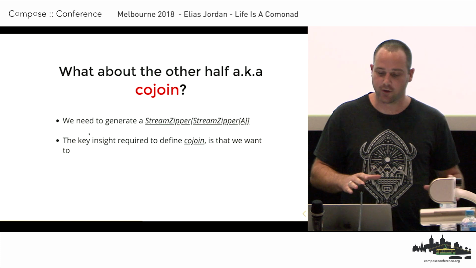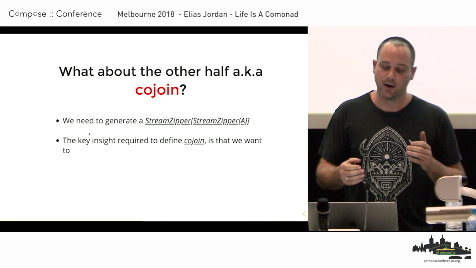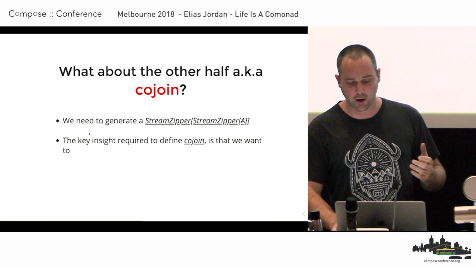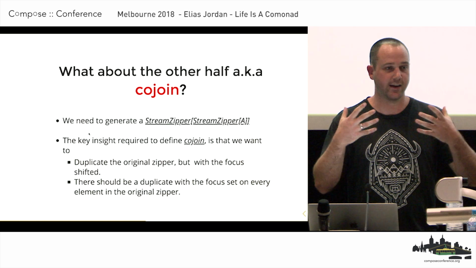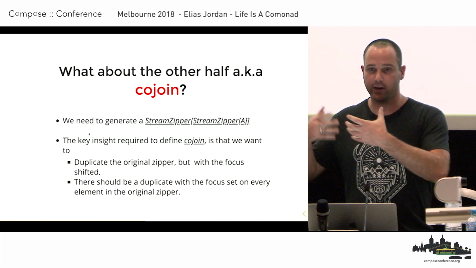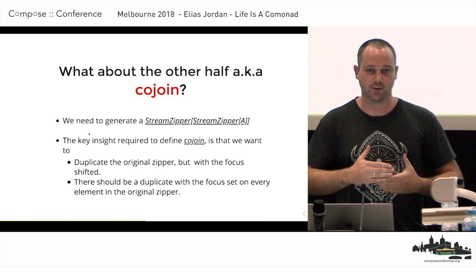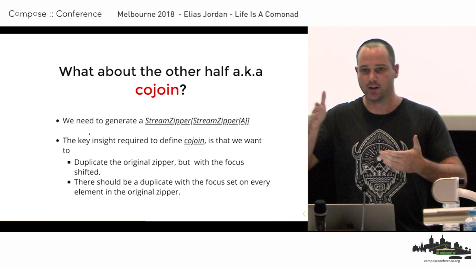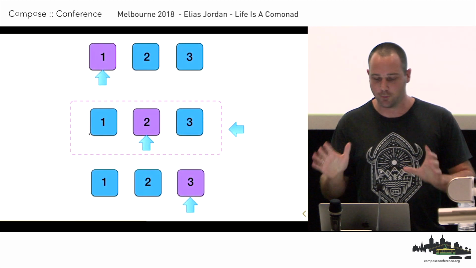So we need to generate a stream zipper of A, so multiple layers of stream zipper. But the key insight required here is that we want to duplicate the data structure for every element within it. And there should be a duplicate copy of the data structure with the focus set on every element within the data structure. So I've got some diagrams to help illustrate that.